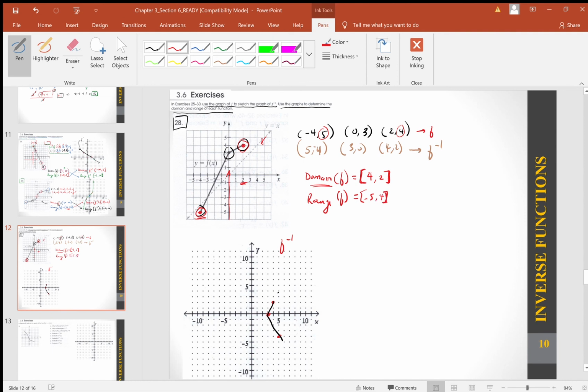Okay, so now the domain of the inverse function is nothing more than the range of the function, which happens to be negative 5, 4, and then the range of the inverse function happens to be negative 4, 2.